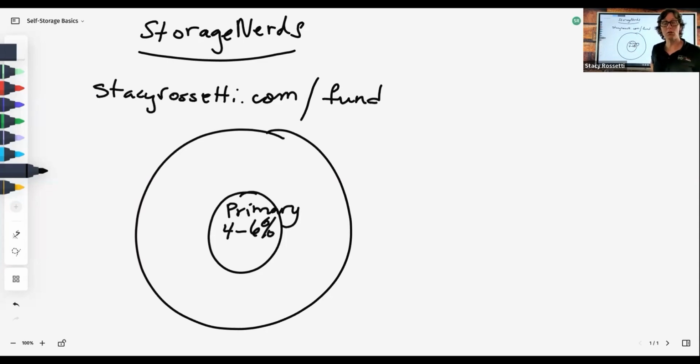Now let's compare Nashville, Tennessee to Savannah, Georgia. Nashville, Tennessee, we know is a big metropolitan area, and there's this huge primary market.